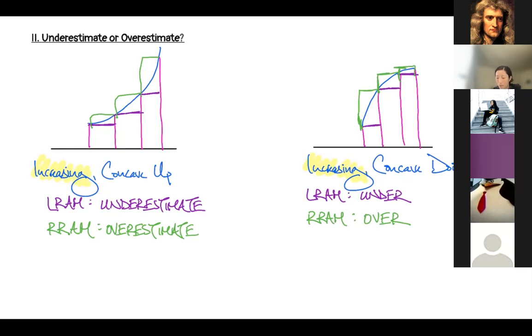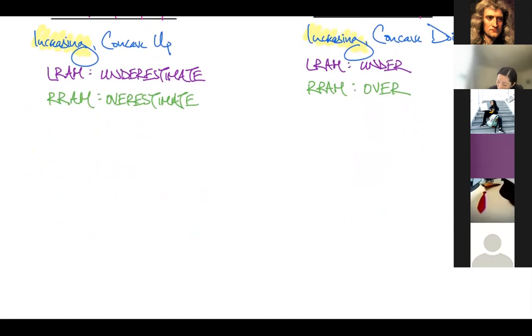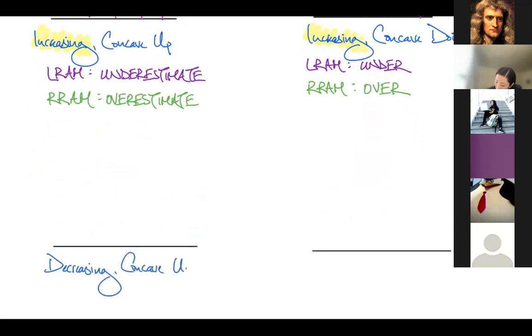Now I'm going to set up 2 more diagrams, but I'm going to ask you to do these on your own time, where we're going to take a look at what happens if you have a decreasing function. Okay. And so we'll again split this into 2 cases, decreasing concave up and decreasing concave down.